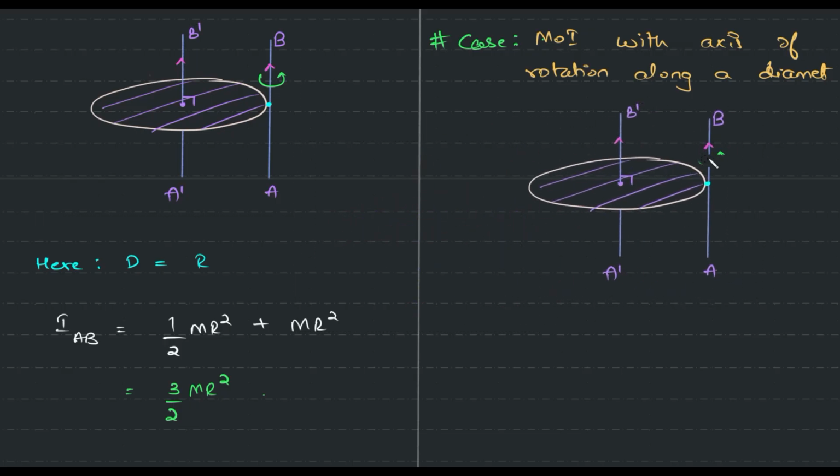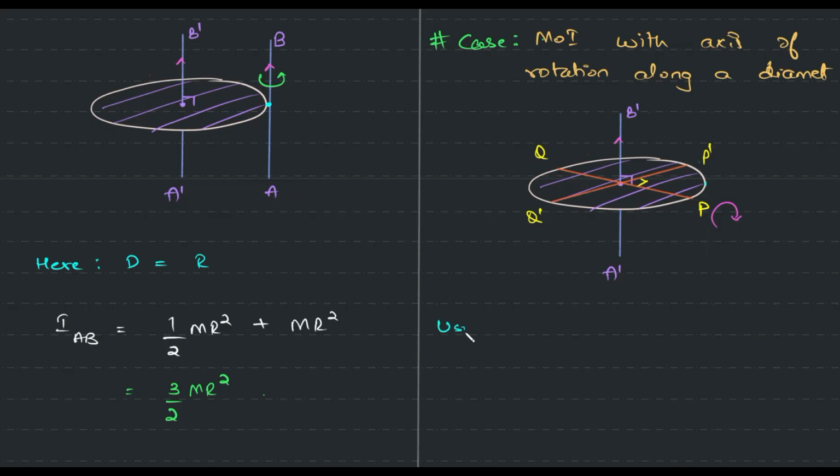Same diagram actually. So we have one diameter, another diameter, they are perpendicular to each other. We have PQ, P dash Q dash. Say through PQ, I'm rotating in this manner, clockwise or anti-clockwise, whatever you guys want to think of.